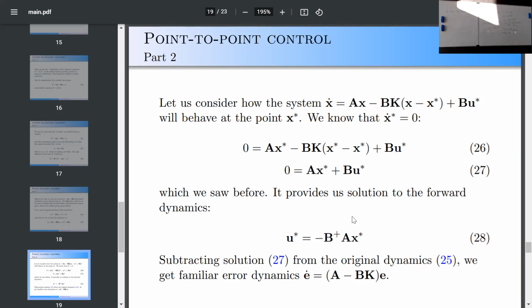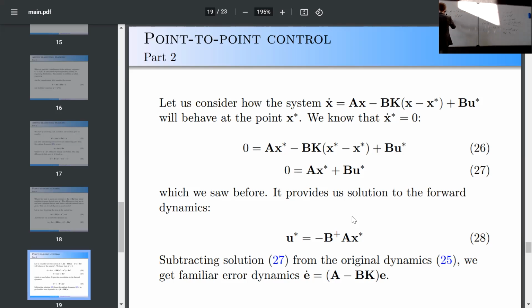Yeah, correct. So I substitute u star as equal to minus b pseudo-inverse a x star, right? I substitute equation number 28 into the equation at the top of the slide.